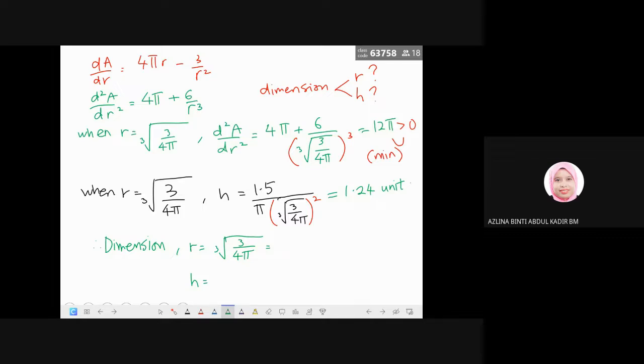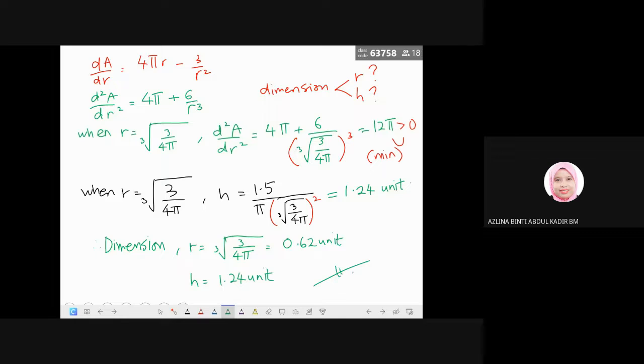Cuba tekan value untuk R tu. Cube roots of 3 over 4 pi dalam point form berapa? Zero point 62. So tulislah balik.